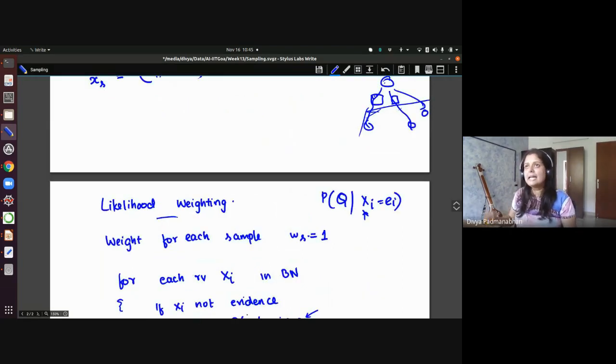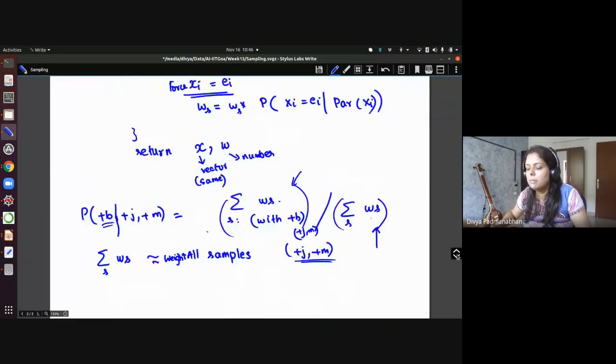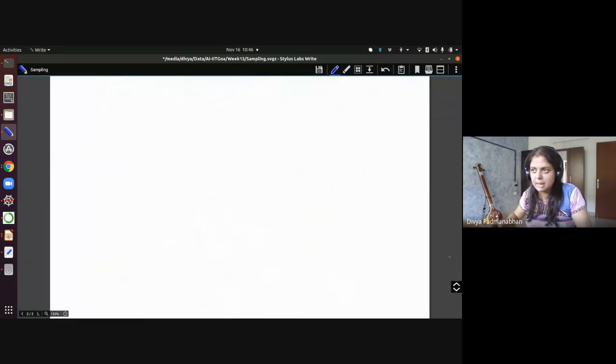So is there something that can be changed there? Right from the beginning, can you make use of the fact that you want Xi equal to ei? Perhaps values of these other random variables might change, because there are some dependencies in the network. So is there something you can do considering this fact? That leads us to what is called Gibbs sampling.